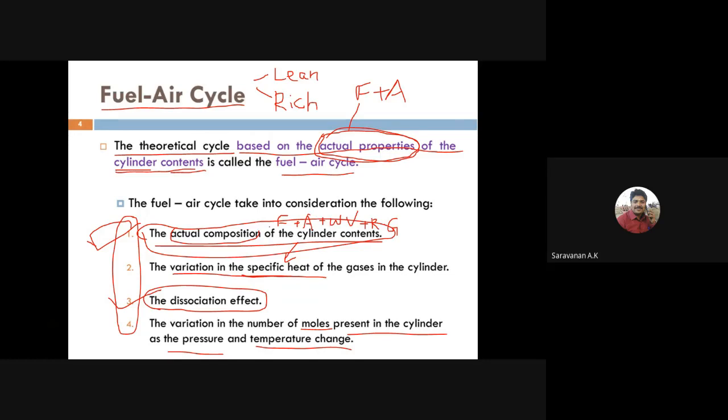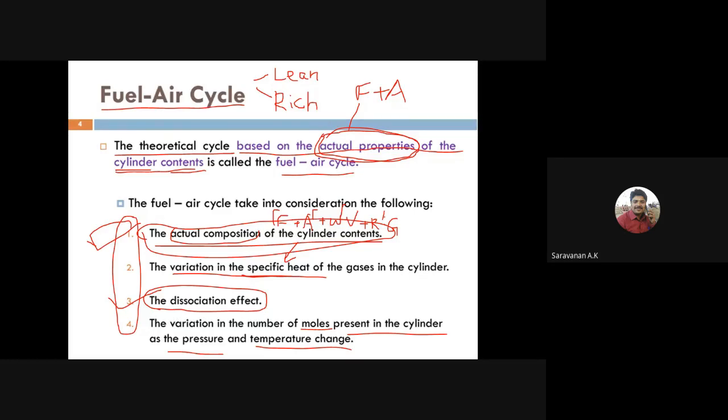In the cylinder we have fuel, air, water vapor and residual gases. In the intake and the compression it is the same, but there is no chemical change, because that is our assumption. Before the combustion there is no chemical change. In the suction stroke and the compression stroke we have no combustion, so there is no chemical change, right?